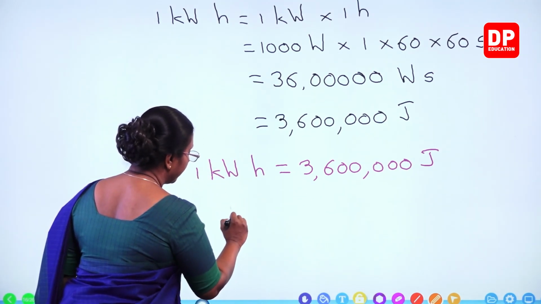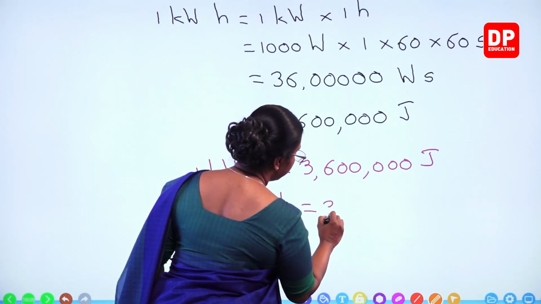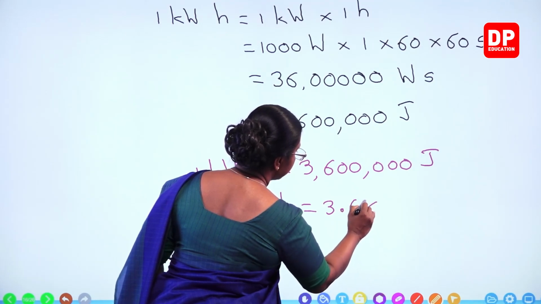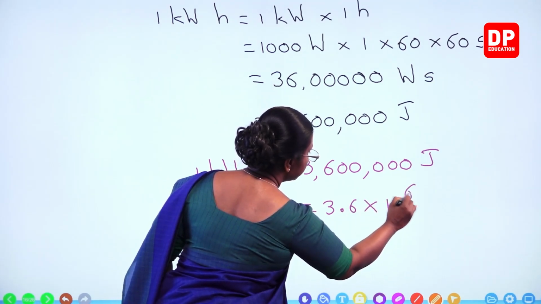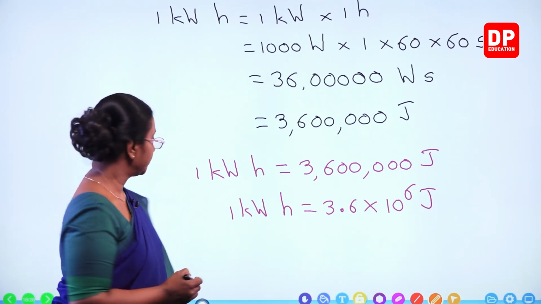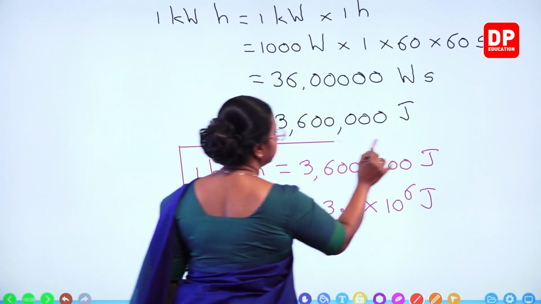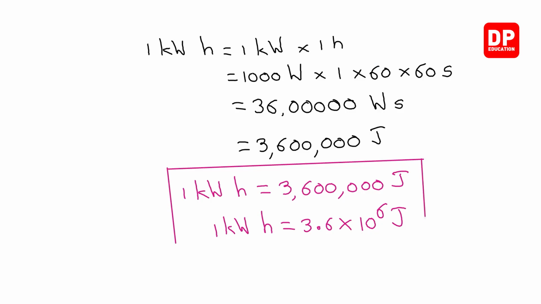Or you can say 1 kilowatt hour is equal to 3.6 into 10 to the power of 6 joules. Can you all see that now? This is a very large value. So this is why we use kilowatt hour as one commercial unit. 1 kilowatt hour, 1 unit.